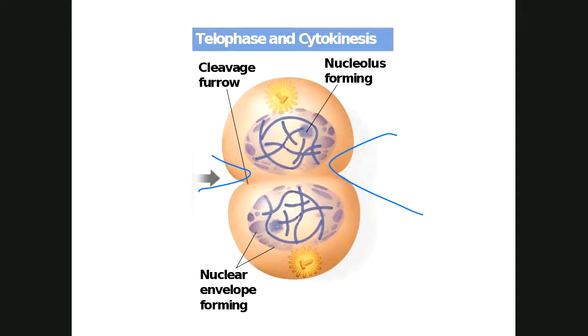Okay, now back to the animal and the plants and the difference with the centrosomes and the centriole pairs and all that sort of stuff. For a number of years, we weren't exactly sure why animal cells had these centrosomes and centriole pairs, and plant cells did not.